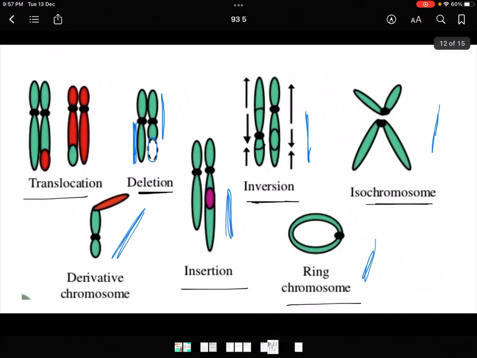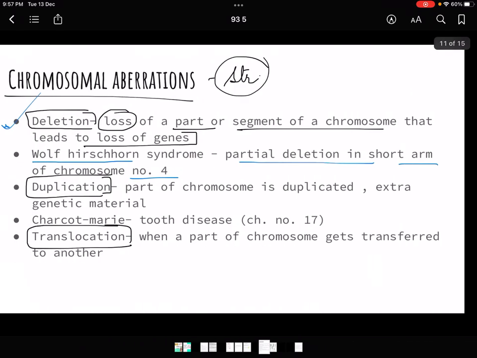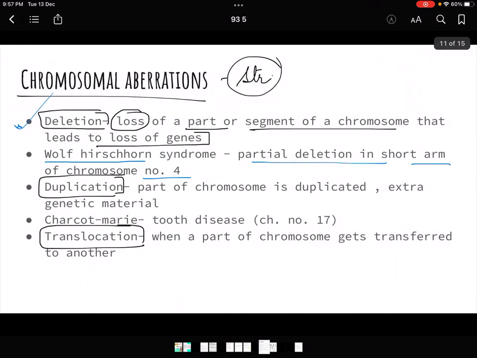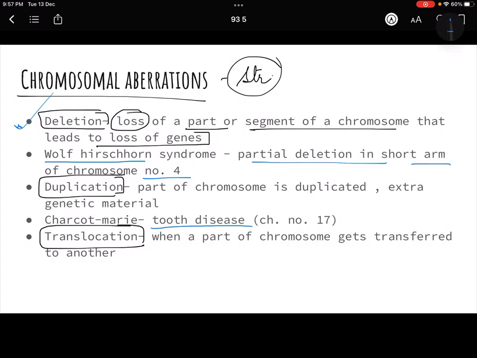So in here also we must have a picture of duplication. Okay, there is no picture of duplication. Next, I have written also Charcot-Marie-Tooth disease, chromosome number 17, right? After that, translocation, when a part of a chromosome gets transferred to another.